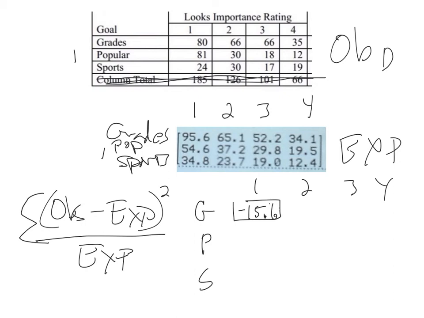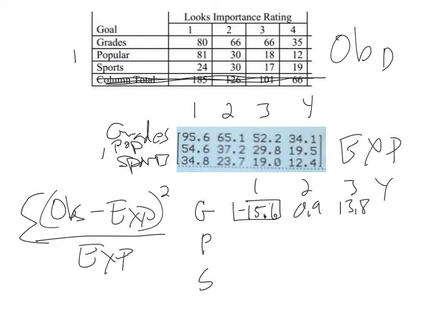To get the next one, I'm going to take 66, subtract 65.1. I believe that's 0.9. To get the next one, I'm going to take 66 and subtract 52.2 from it. And get, let's see, that's going to be 13.8, I believe.